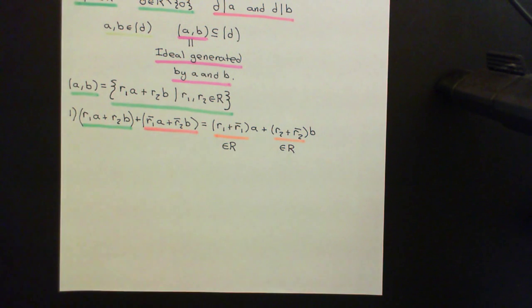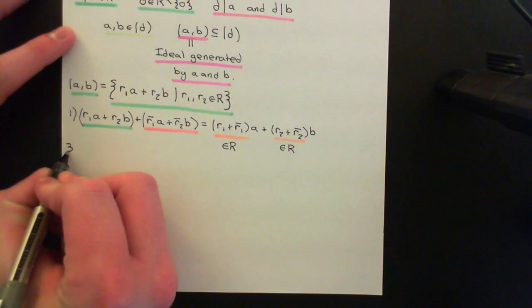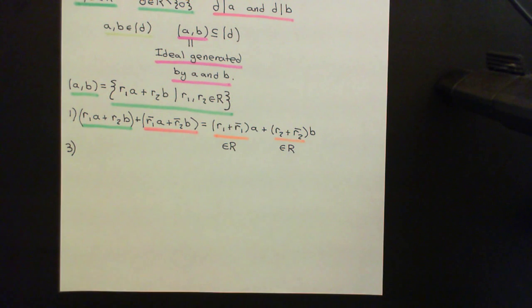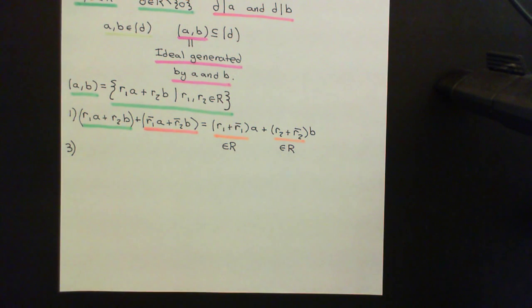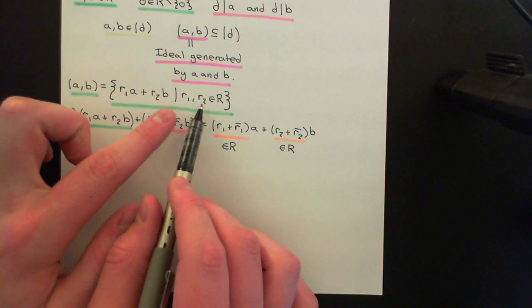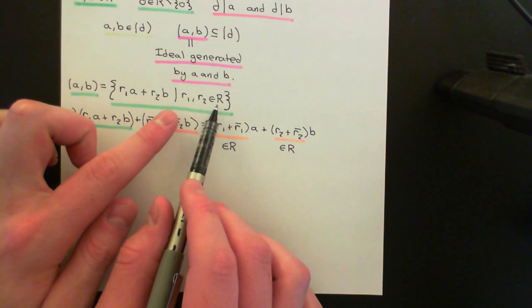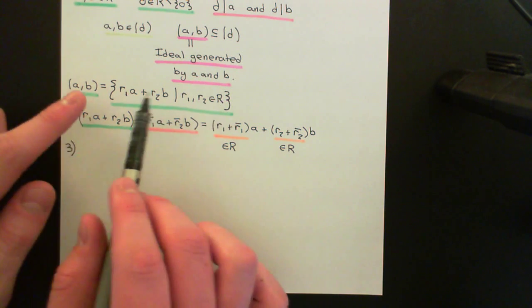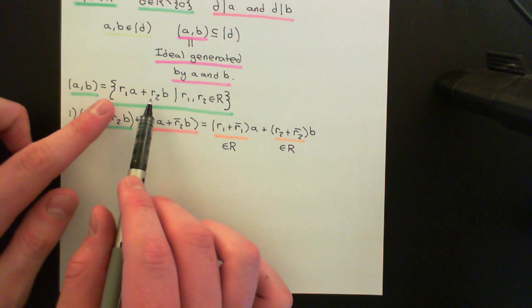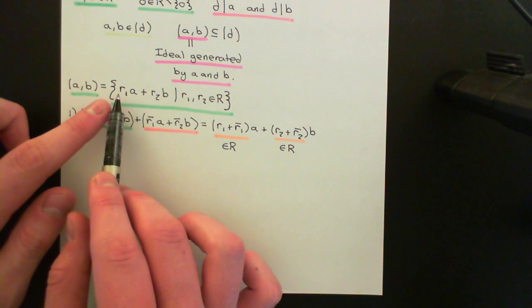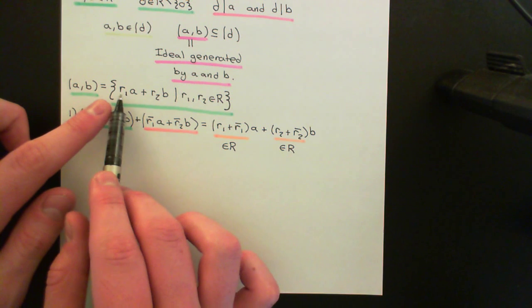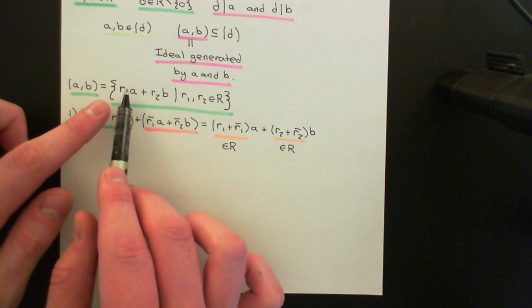Now let's do axiom number 3 then, the additive identity. So we need to make sure that the additive identity from our larger ring is going to be in here. Now, hopefully that should be pretty obvious. R1 and R2 are allowed to vary over any elements of the ring. So let them both equal the additive identity. If I put in R1 equal to the additive identity and R2 equal to the additive identity, of course when I multiply anything with the additive identity I get the additive identity back again.